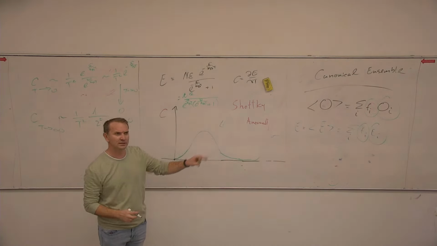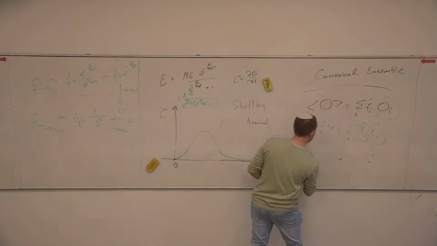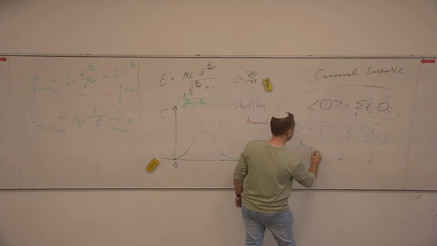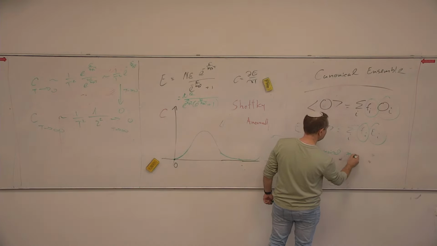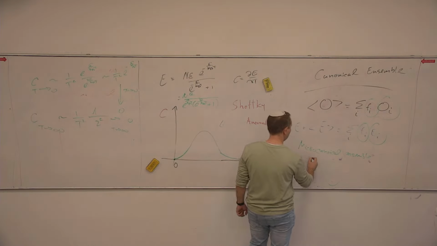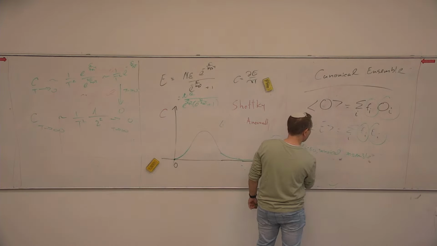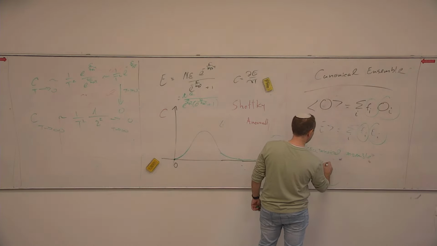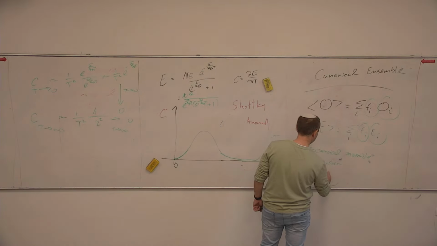So, microcanonical ensemble. The assumptions were f_i uniform, E_i uniform.